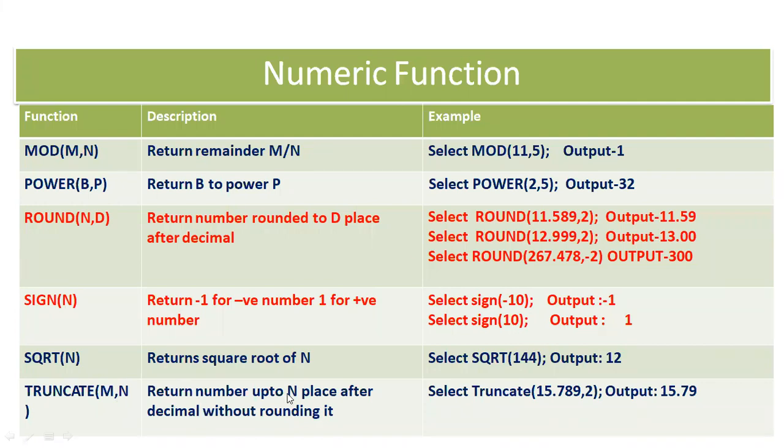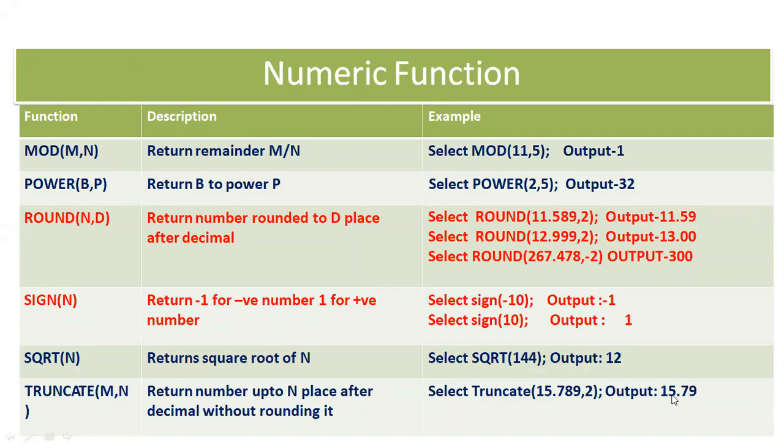And truncate will remove the decimal points. Remember, this is very important. Truncate will remove the decimal places. See here, select truncate 15.789, 2. So here 2 decimals will remain, the others will be removed.